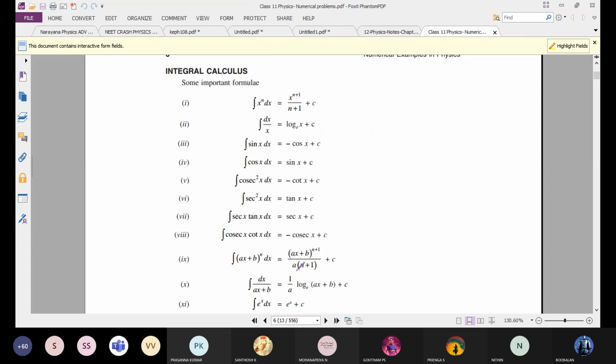In this chapter, you want to remember integral and differentiation, two formulas also.